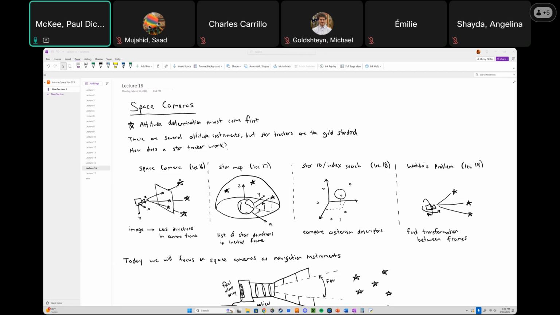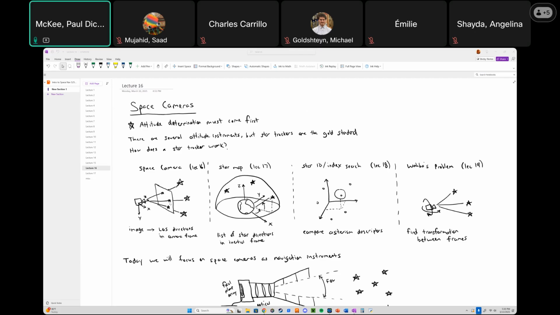But after we've solved star ID, now we know here are 3 stars in my local frame, here are 3 stars in the global frame. Because they're the same unit vectors expressed 2 different ways, we can find the frame transformation from local to global. That's called Wahba's problem, and that'll be lecture 19. I like to refer back to this because this lecture series is going to get a little bit intense, and I want to make sure that we're tracking.